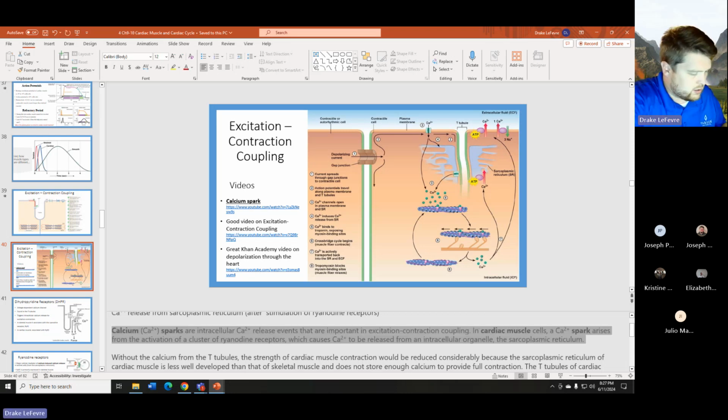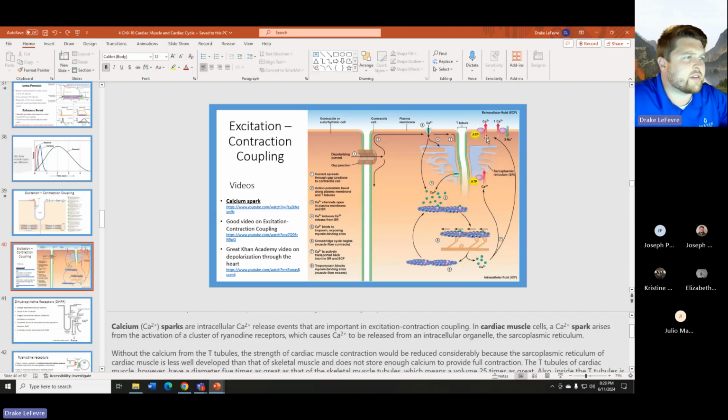Down here, this is where it talks about the calcium spark. So we have things coming from two different places. We have calcium channels coming on from the plasma membrane of the cell, as well as through the gap junction.